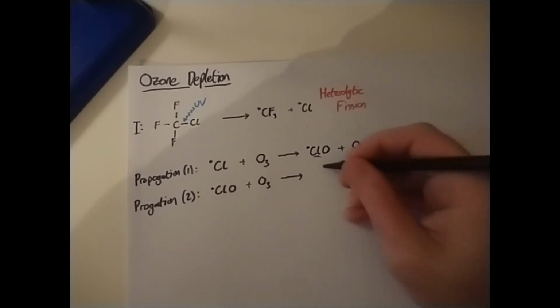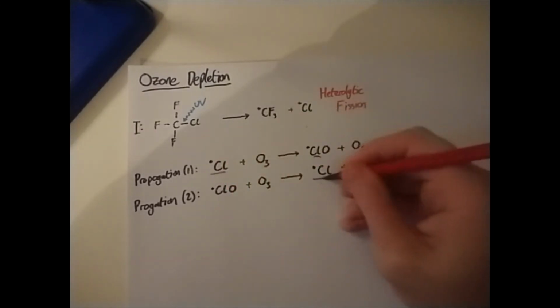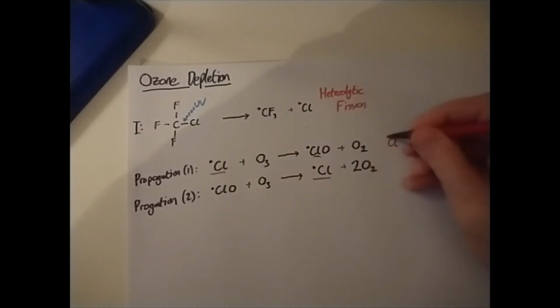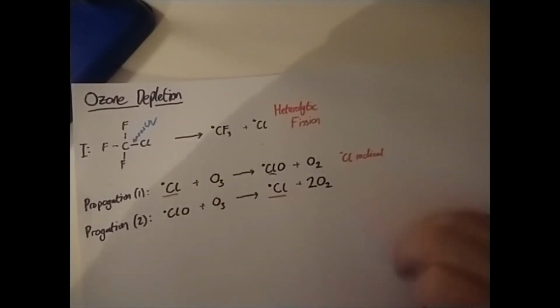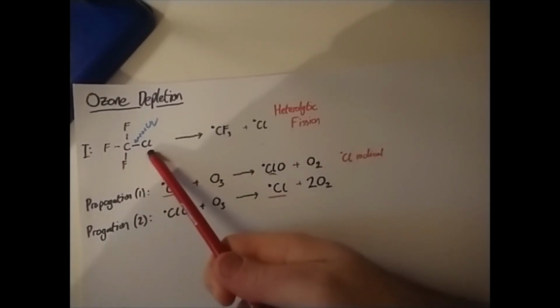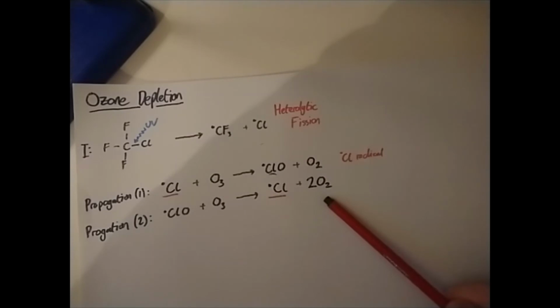And what we're left with here is a Cl radical. So the Cl radical in this reaction acts as a catalyst. So the Cl produced in the initiation step is going to be a catalyst to break down ozone into oxygen.